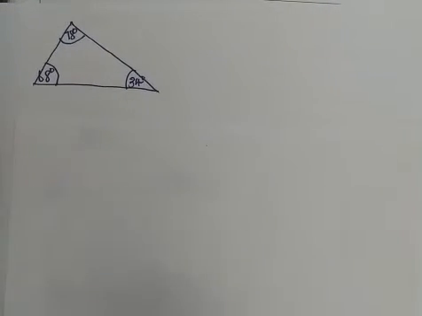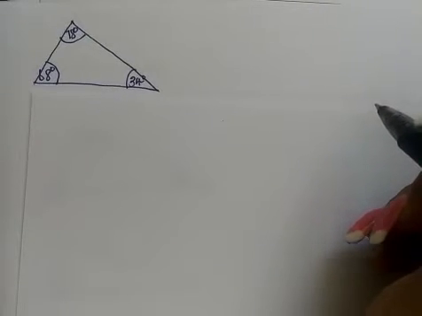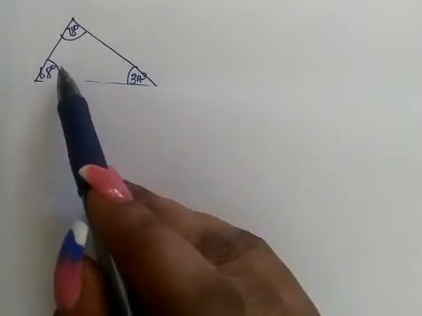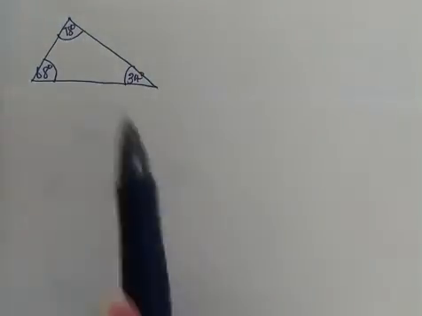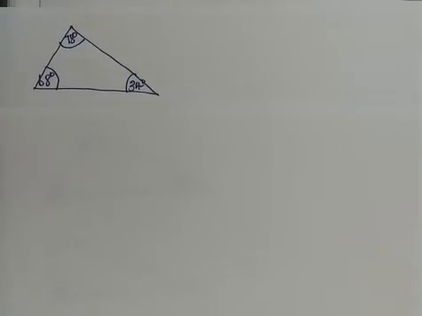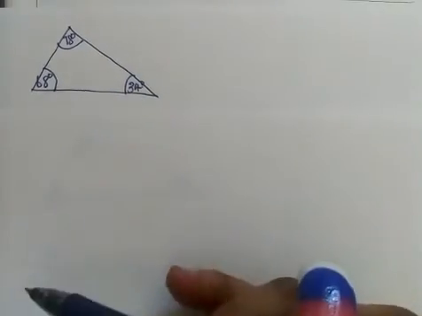In an acute triangle, all three of the angles measure less than 90 degrees. For example, 78 degrees, 68 degrees, and 34 degrees. These are all acute angles.